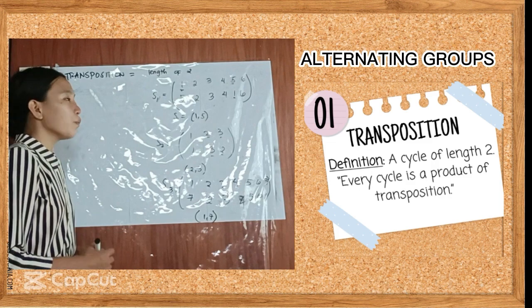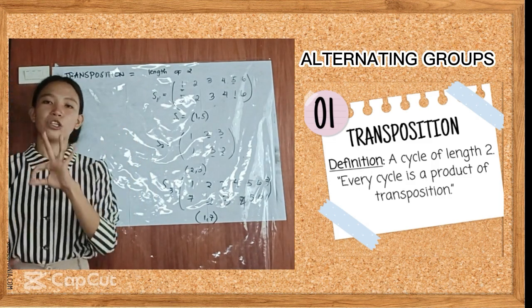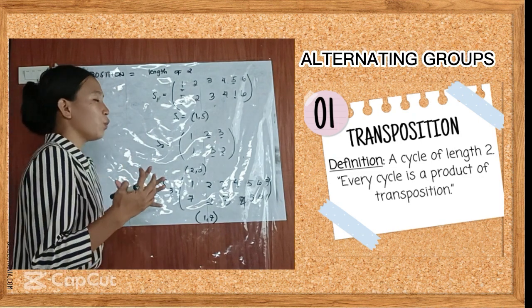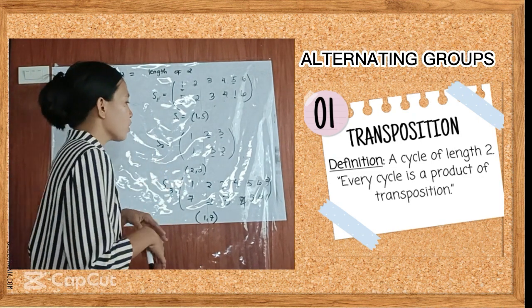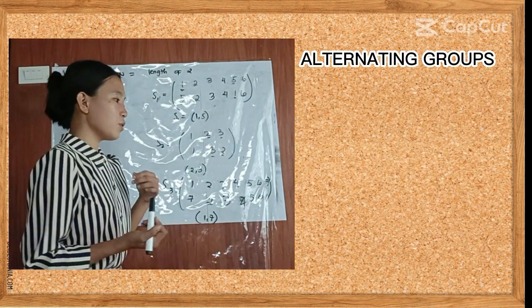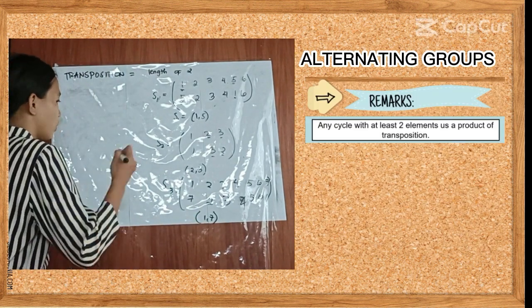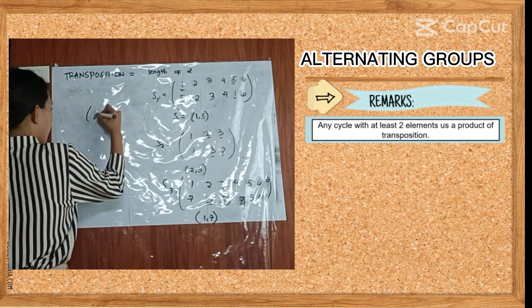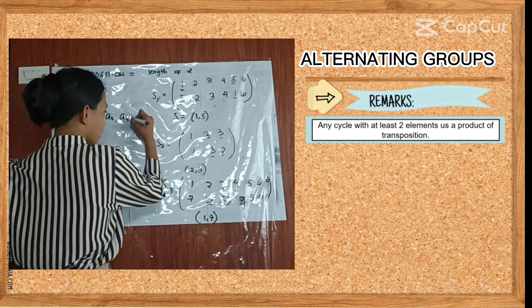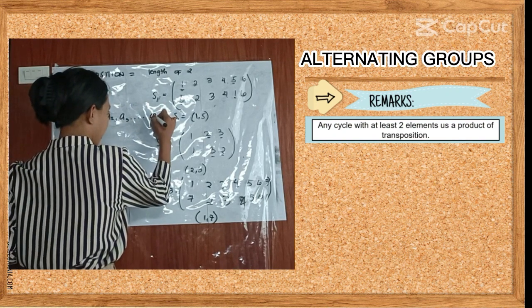Now, in transposition, there are 3 remarks. First remark is that any cycle with at least two elements is a product of transpositions. In symbols, let's have an example: A sub 1, A sub 2, A sub 3, dot, dot, dot, A sub n.